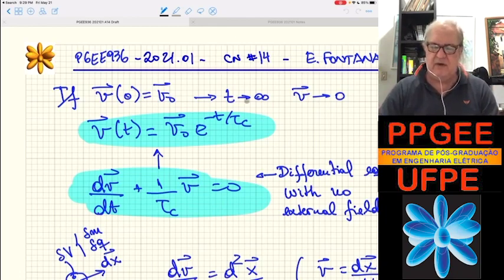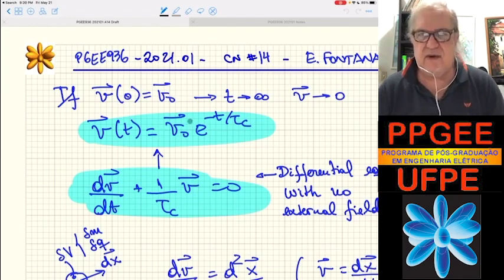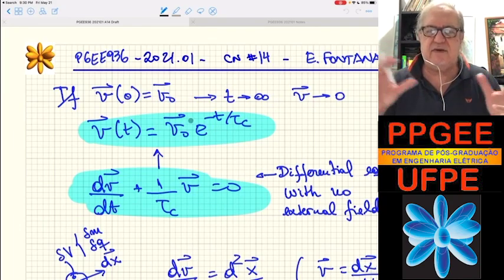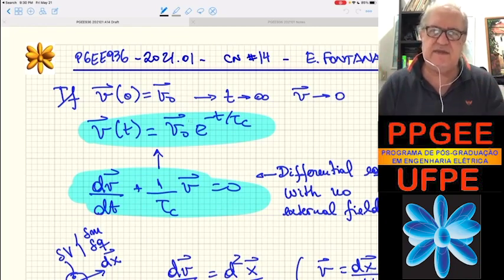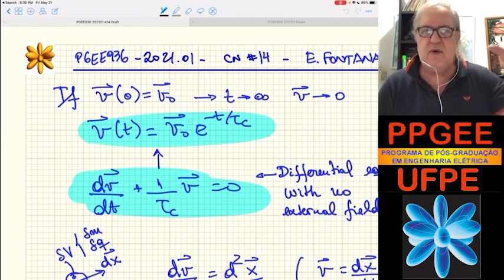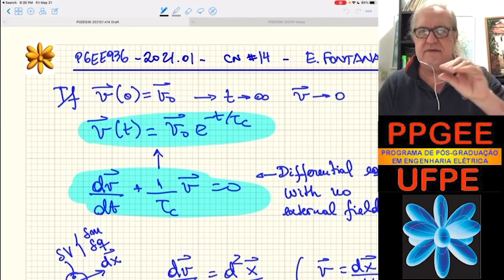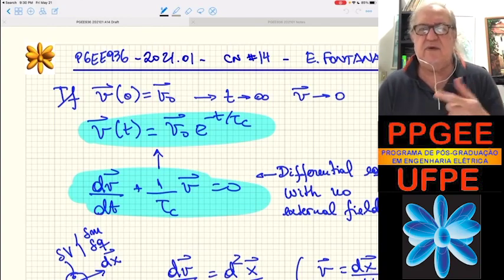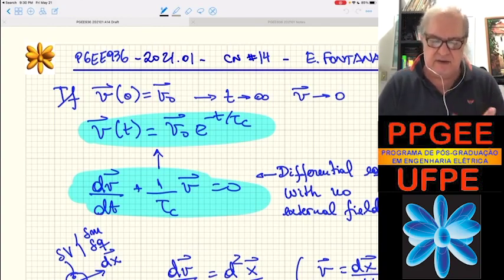After a very long time, you expect the average velocity to go to 0. If the collision time is tau c, we expect this process to take place naturally, a natural exponential decay. With many particles, the vector sum of velocities, which gives the average velocity, goes smoothly down to 0 in an exponential way. If we know the collision time, we have an estimate of how this happens.